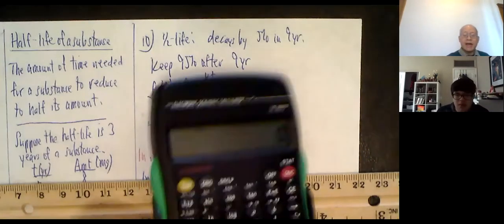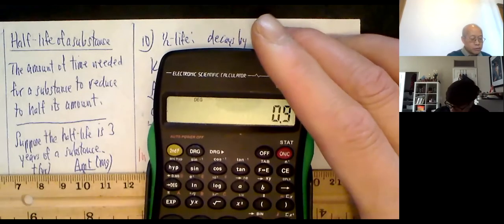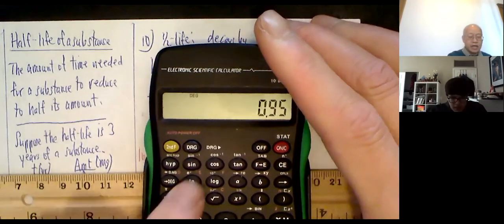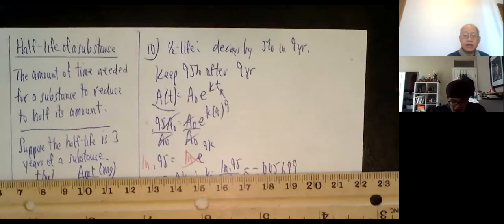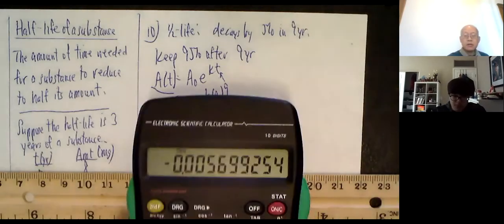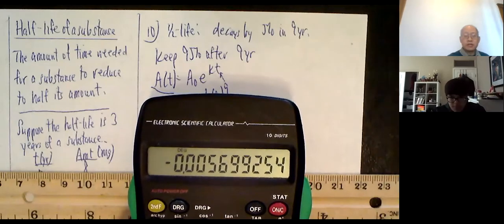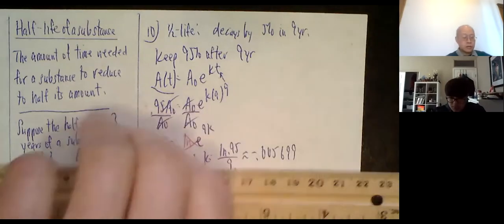For those of you that have the backwards type calculator, you have to hit the number first, 0.95, and then ln. And then divide that by 9. Negative 0.005699.